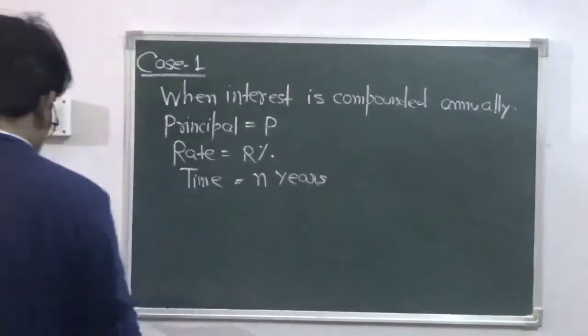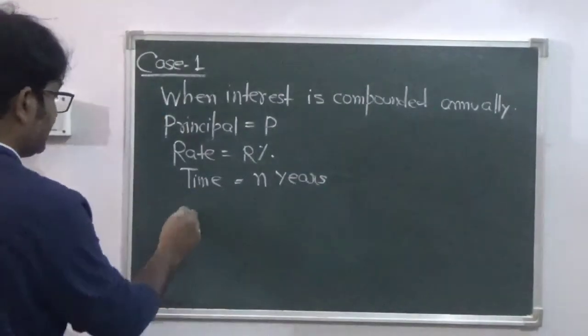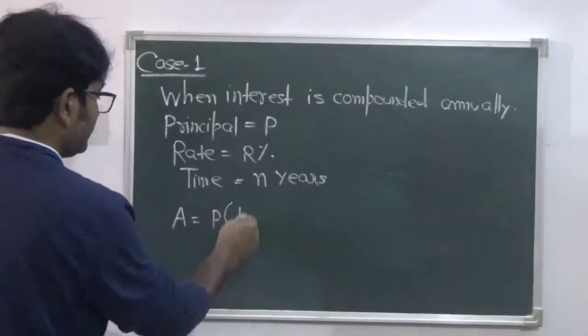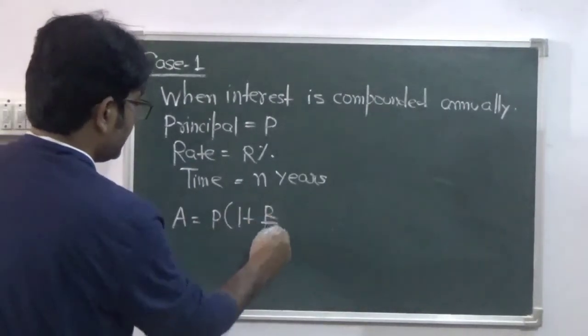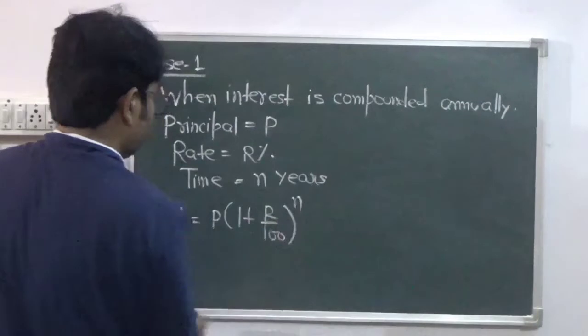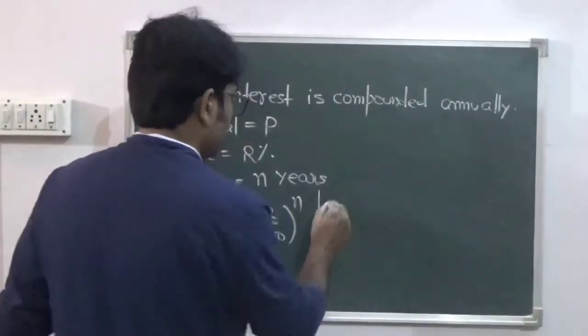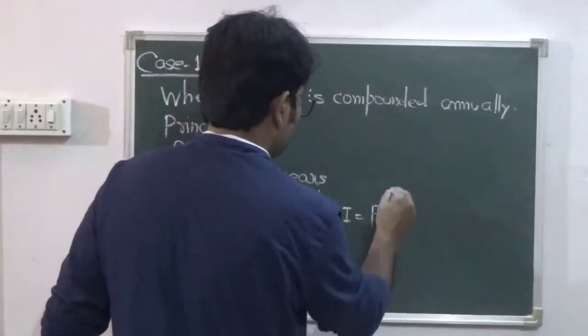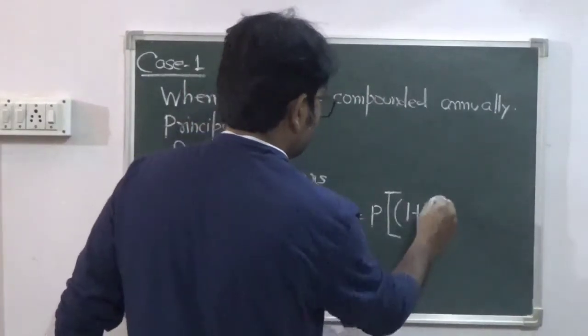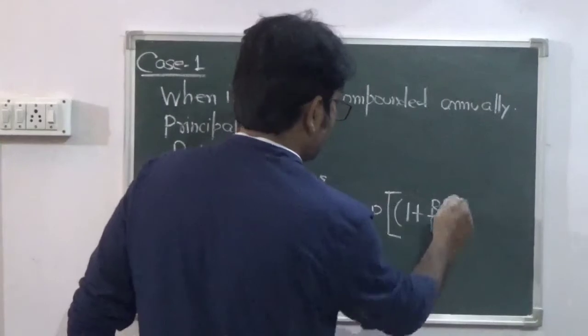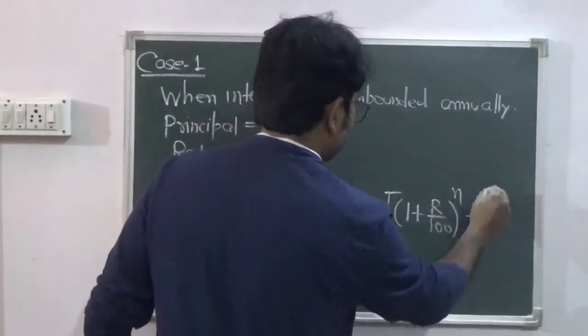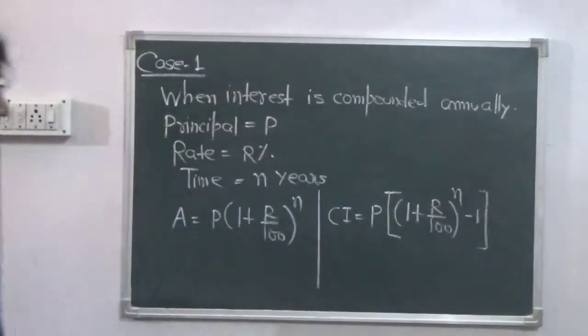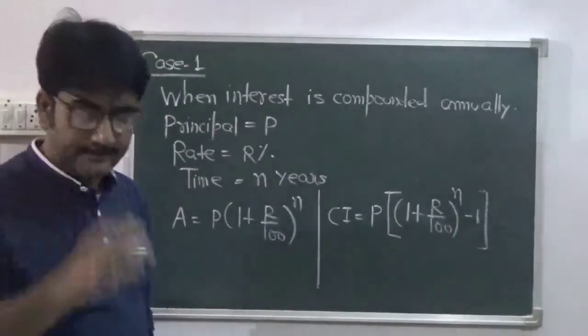Right? So amount is given by P into 1 plus R by 100 to the power n, and compound interest is given by P into 1 plus R by 100 to the power n minus 1. So this is the first formula when the interest is compounded annually.